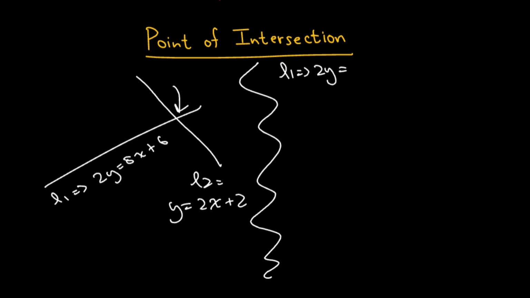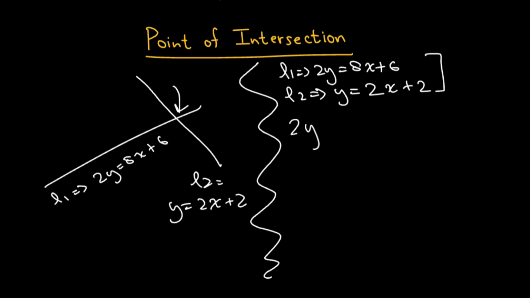So consider any of the two equations and then try to eliminate one variable from that particular equation. For example, I am taking the equation of line L1, which is 2y equals 8x plus 6.